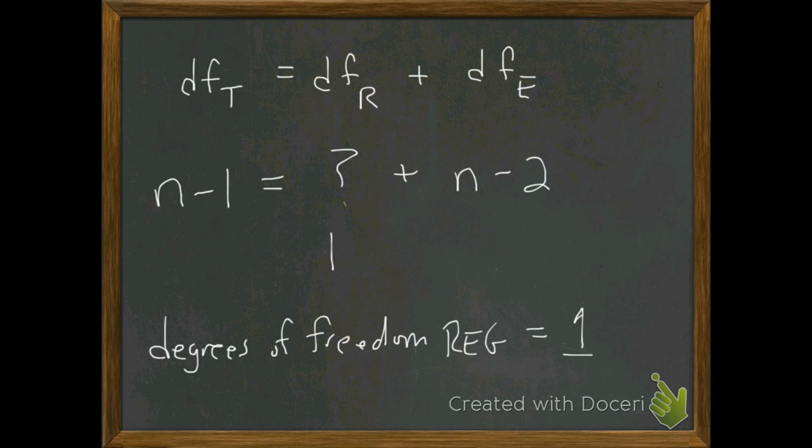Ultimately, we're going to expand this once we get more predictors. Right now, we're just looking at a simple linear regression where we have 1 predictor. We're actually going to see that the degrees of freedom for the regression have to do with the number of predictors that we have in our model.